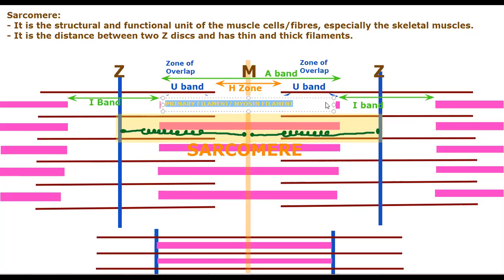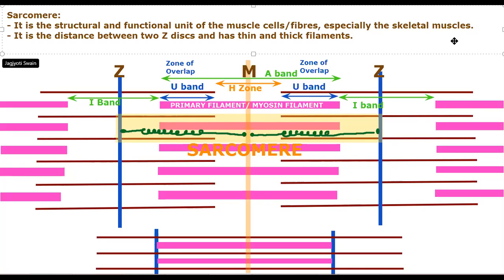Okay, so this is referred to as primary filament, or we can also refer to it as what? Myosin filament. Understood? So this is your primary filament and it is made up of myosin protein, so therefore we can also call it myosin filament.